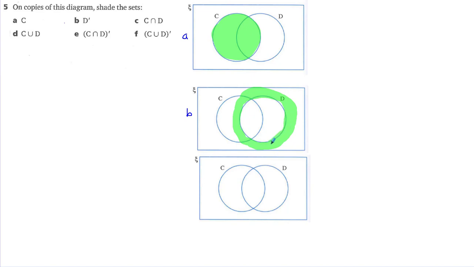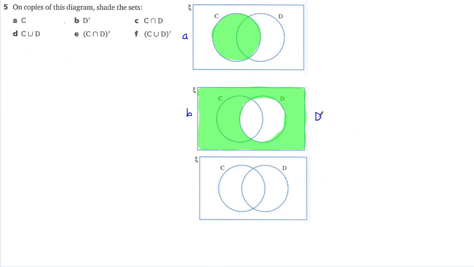You should only close the universal set; you shouldn't pass the universal set. So everything inside here is outside of D, and this is the answer. By using the diagrams, we showed what D not is.